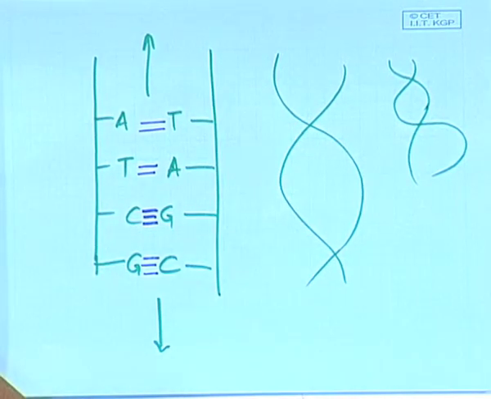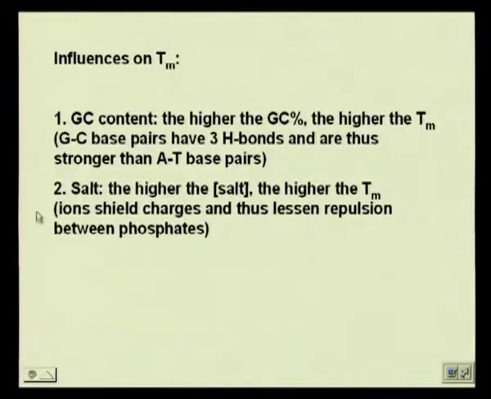So, salt. What is salt going to do? The salt is going to shield the charges, lessen the repulsion between the phosphates, and the higher the salt concentration, the lesser the repulsion, then the higher the Tm.